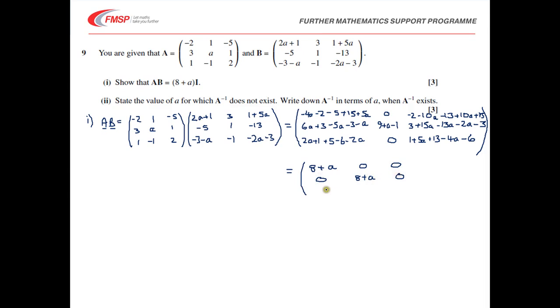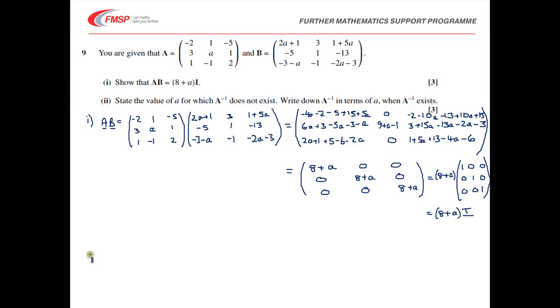And we get 0, 0, 0 and 8 plus a. And that equals 8 plus a multiplied by 1, 0, 0, 0, 1, 0, 0, 0, 1, which is 8 plus a I as required.